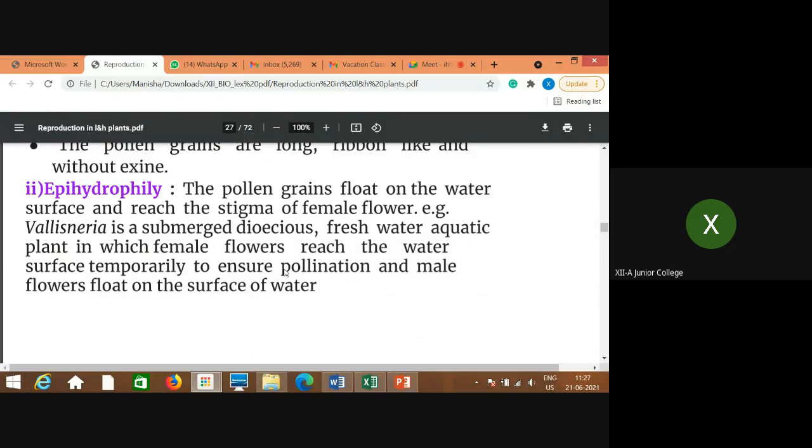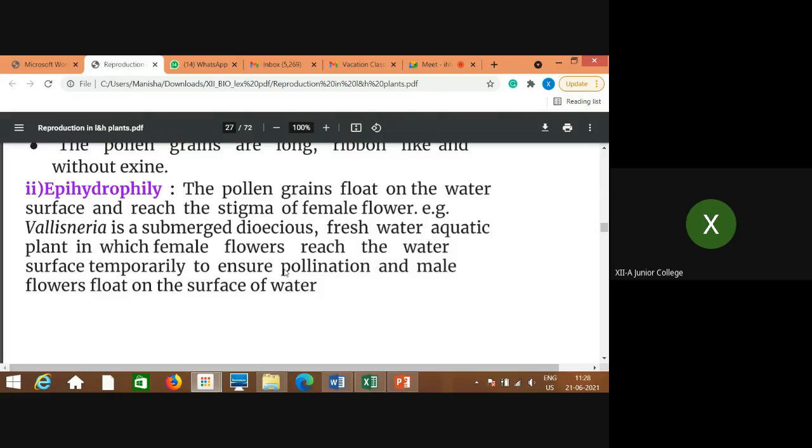The stigma of the female flower, which is growing below the water surface, after maturity comes on the water surface to receive the pollen grains for some time. That means not permanently but temporarily it comes above the water surface to receive the pollen grains which are flowing on the water surface. So for epihydrophily, the example is Vallisneria, which is submerged and dioecious.